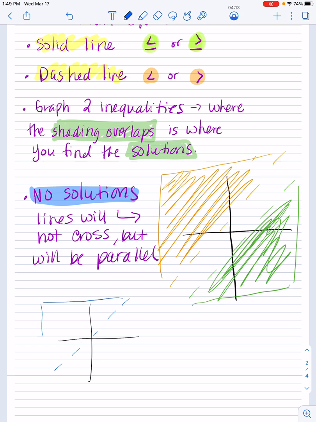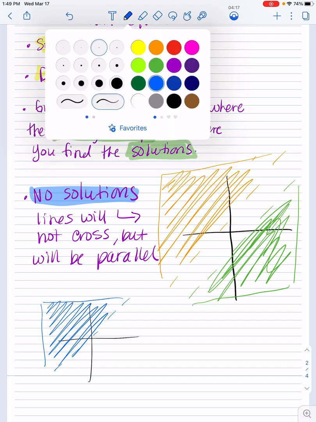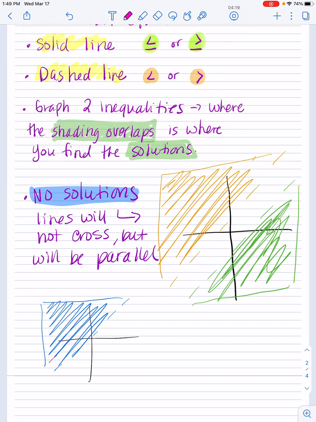So that means this whole area is shaded. But then you could have another inequality where the line is here, but the shading overlaps. Those are okay. These lines are still parallel, but because the shading overlaps, that's still where you find the solutions. Here it's different because your shaded parts don't overlap at all. So that means no solution.